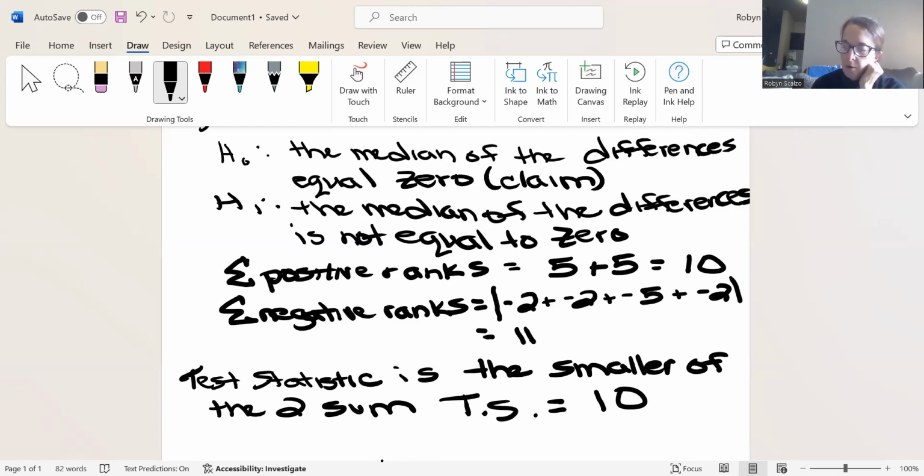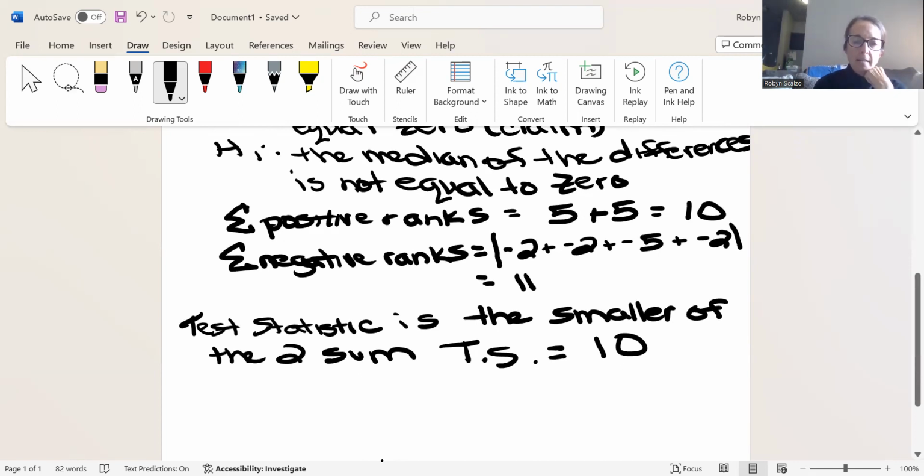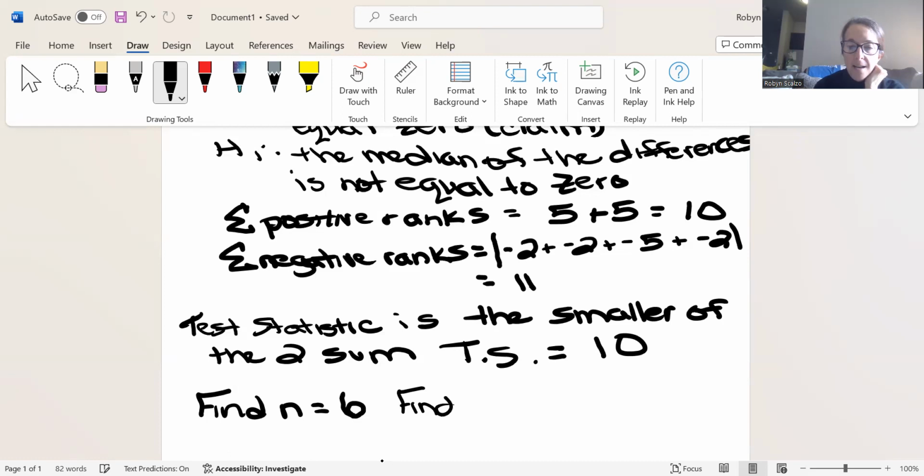Now, in order to find the critical value, which helps us make a decision, I need to find n. Normally you would look at all of these matched pairs. I have 8 matched pairs, so n is 8. But you only count those that actually have a difference that's not 0. So our n becomes 6. To find the critical value, we use the table, which you can find in the back of a textbook.